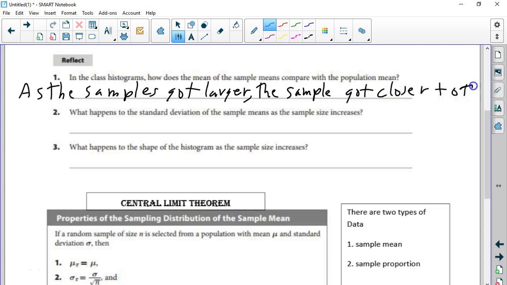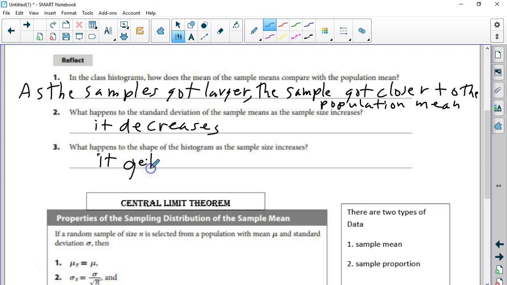And in this case, it was actually exactly right on, which is a rare occurrence, as I said. What happens to standard deviation as the sample size increases? It gets smaller. It decreases. What happens to the shape of the histogram as it increases? It gets more symmetrical or normal.